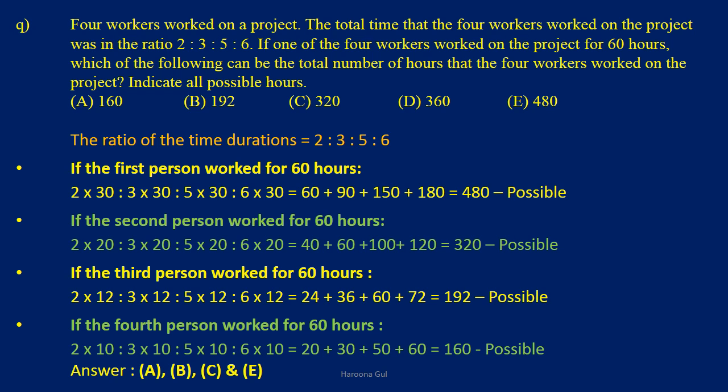Now, if the second person worked for 60 hours, then we're going to multiply each one of the ratios by 20. If the third person worked for 60 hours, then we're going to multiply each one of the ratios by 12. And we're going to multiply each one of the ratios by 10 if the fourth person worked for 60 hours, which means that options A, B, C, and E are all possible hours for this question. Easy, right?